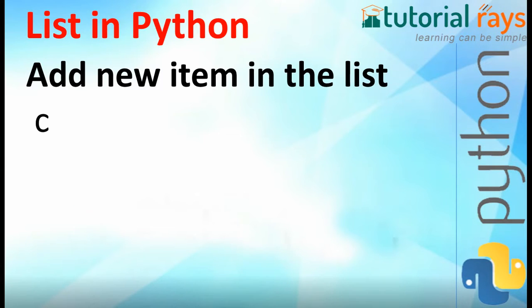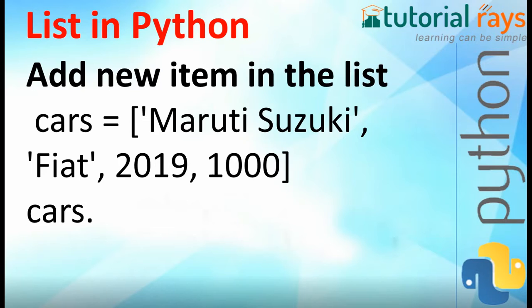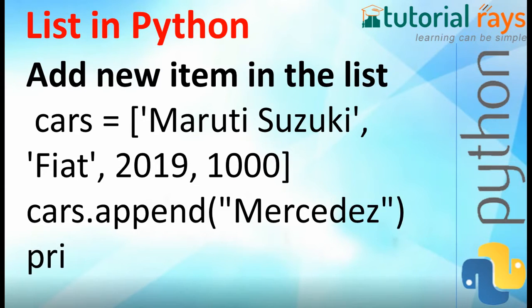And now let's see how to add a new item in a list. So simply to add a new item into the list, we can use the append method. So let me show you how to do that.